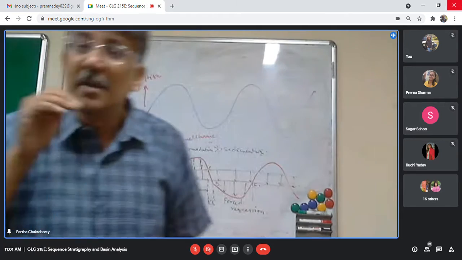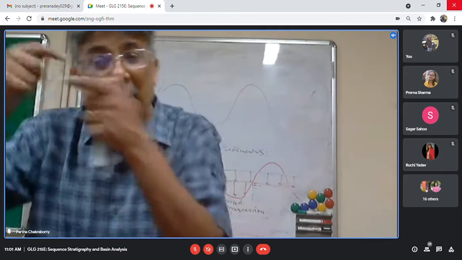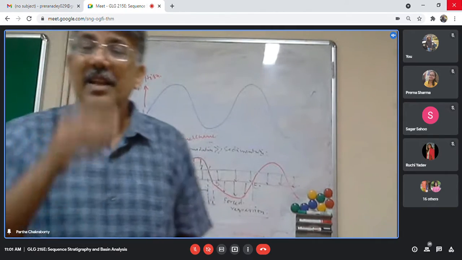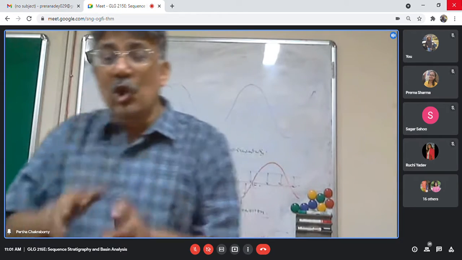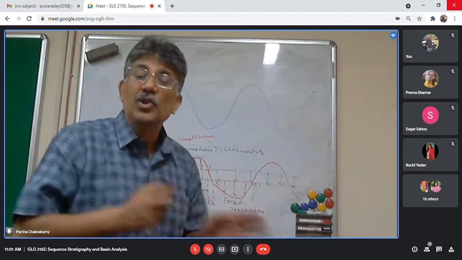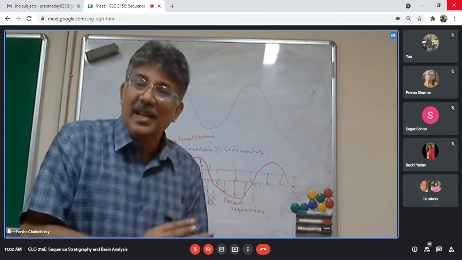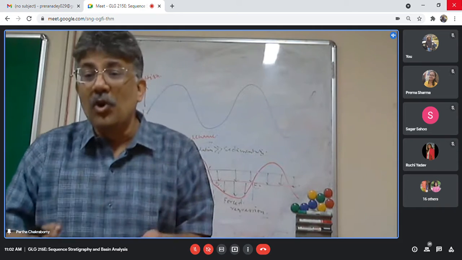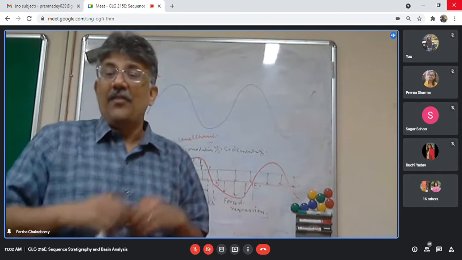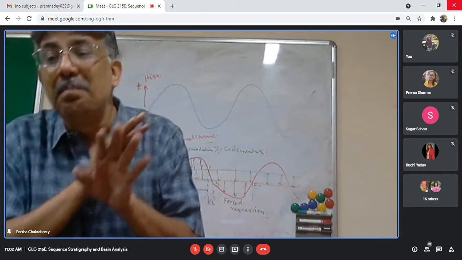But what is in a forced regression? There is a real base level fall, where the base level is going below the equilibrium line. So the two regressions are different. Both are regression, both show the regressive signature, but the controls, the signatures, and finally the products of these two will be completely different.